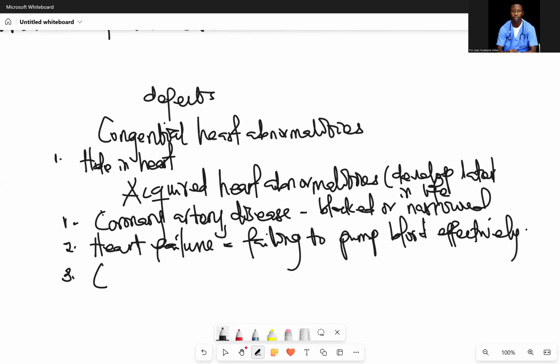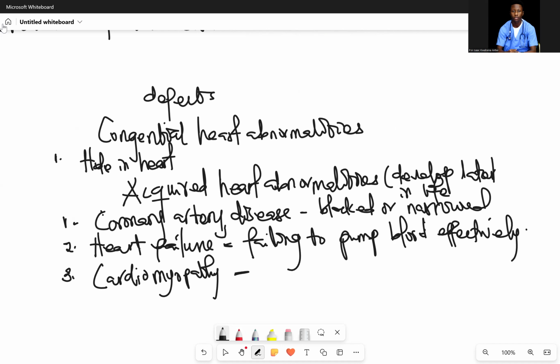Then we also have cardiomyopathy. Cardiomyopathy has an association with the heart muscle. The heart has a muscle, right?